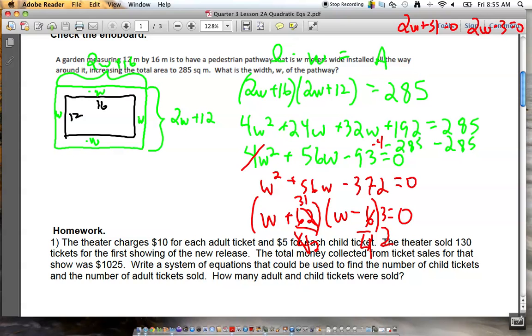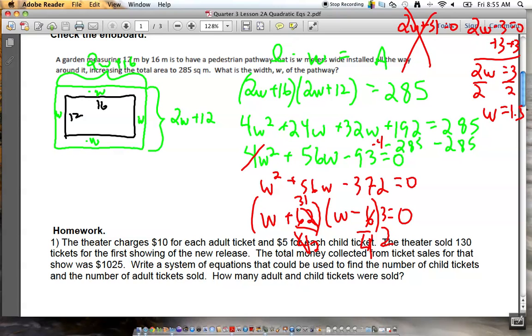Now, can we all agree that the guy on the left is going to work out to be negative? Yes. Next, add 3. 2W is 3. Divide by 2. W is 1.5. Hold it.